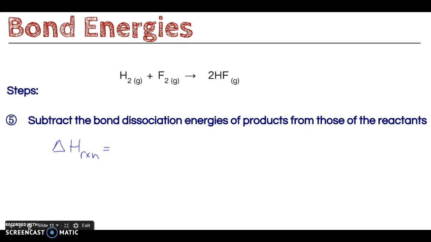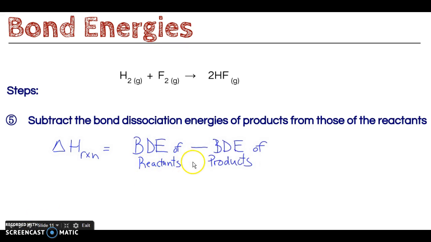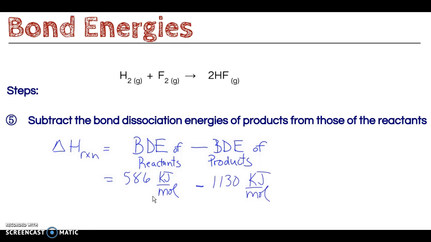So the total enthalpy for this reaction is going to be the bond dissociation energy of my reactants minus the bond dissociation energy of my products. And so filling in the values that I got in earlier steps 3 and 4, I end up with a final value of negative 544 kilojoules per mole, which tells me that this reaction is exothermic because of the negative result that I get. Okay, next we're going to move on to a more complicated question.